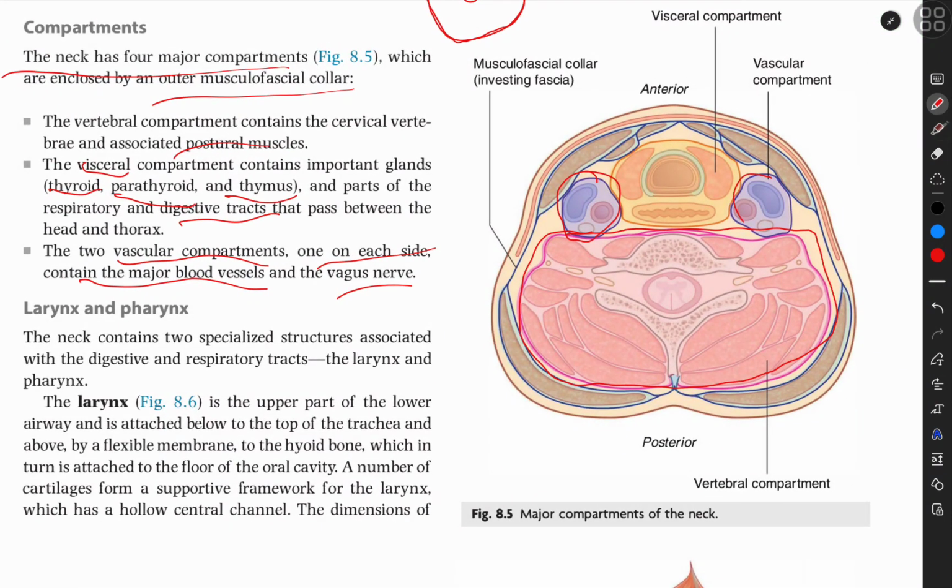This is the vascular compartment enclosed by the carotid sheath, which contains the major blood vessels and the vagus nerve as well. This is the visceral compartment.